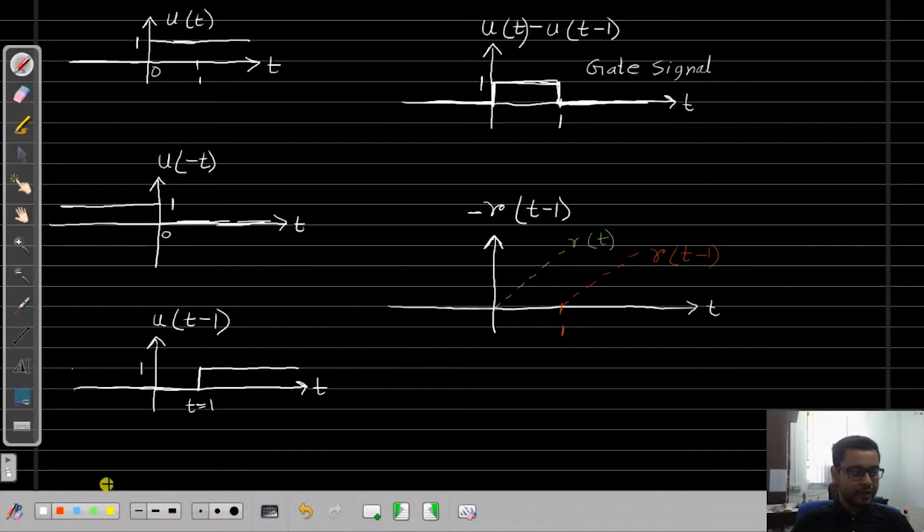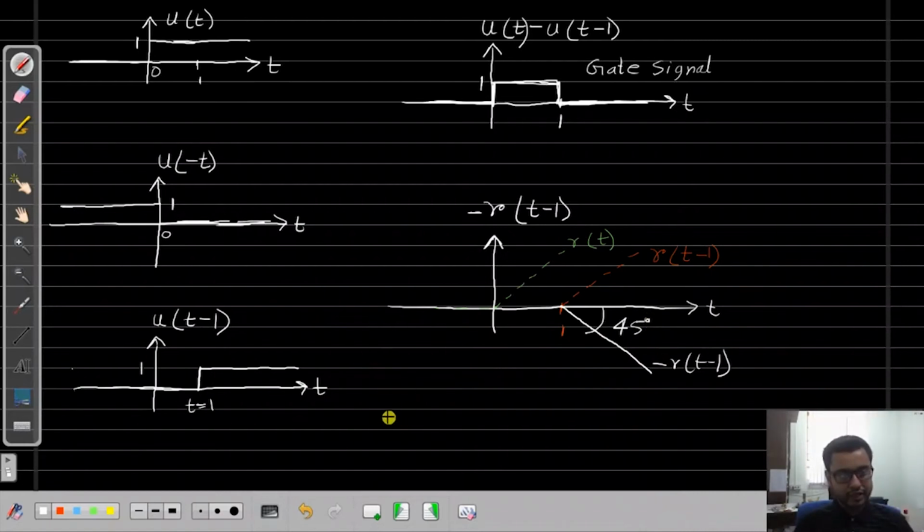And then finally, because of this minus sign, you have to invert or flip the signal vertically. So that will be like this. So this is minus r(t-1). Before this it is 0 and this angle is 45 degrees.